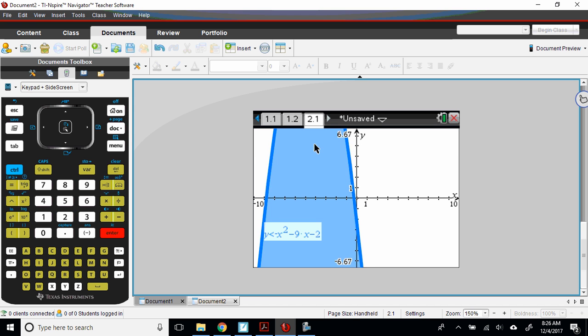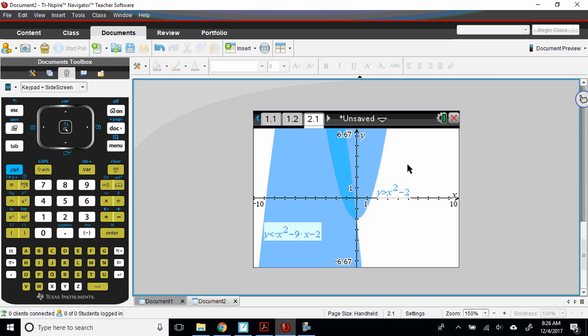And you'll notice it even made the line broken. That's kind of cool. My other inequality is y is greater than x squared minus 2. And there it is. Get the idea?